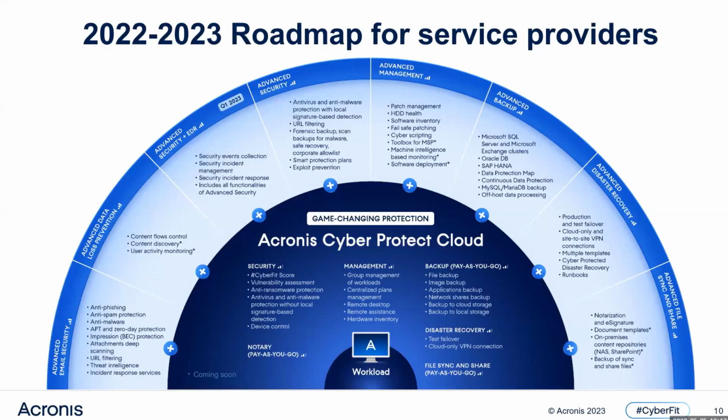So here is how Acronis solves this problem, this threat landscape that I discussed in the previous slides. Here is our product overview. In the previous slide, we talked about the increased cybercrime and cyber attacks in enterprise companies that has led to increased demand for sophisticated cyber protection and backup.